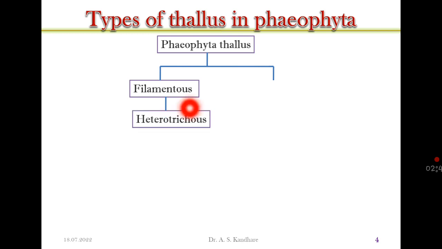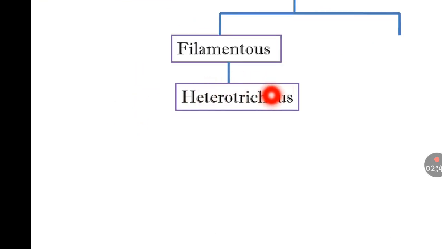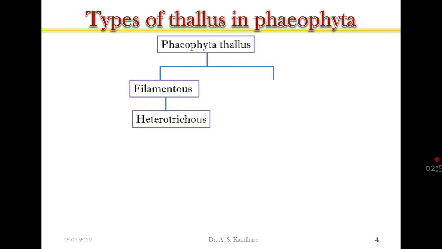But this filamentous thallus is evolved into heterotrichous kind of thallus, isn't it? There is filament, but the filament is heterotrichous. That is, the filament shows two kinds of modes of development. That is called heterotrichous thallus.